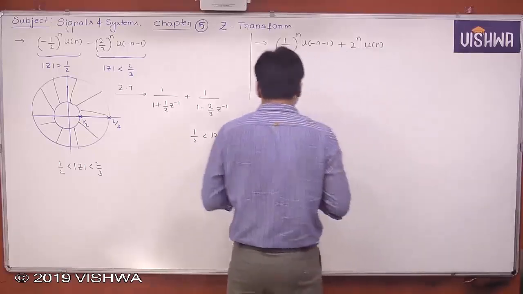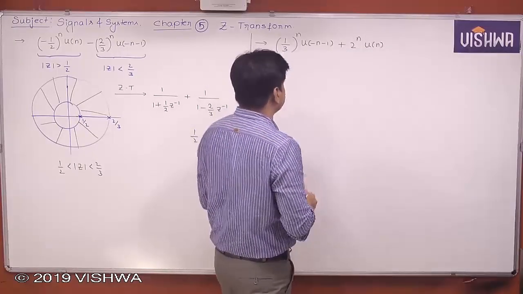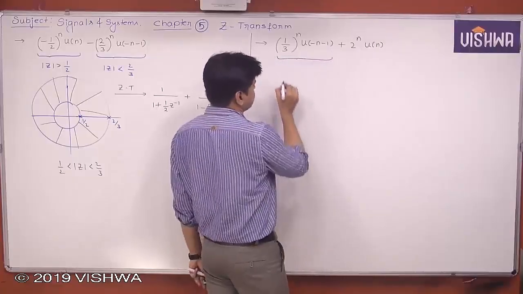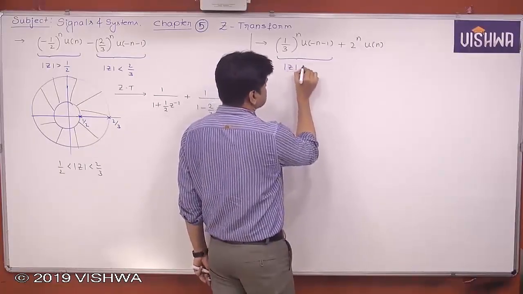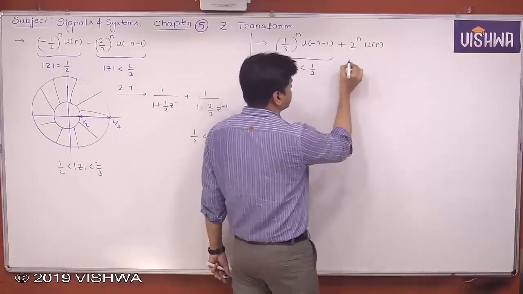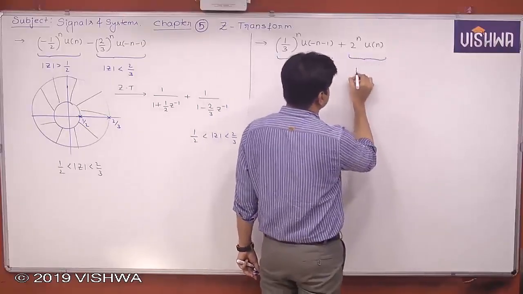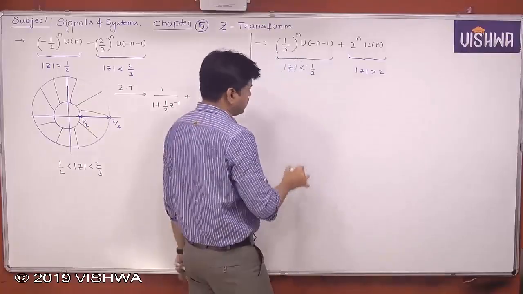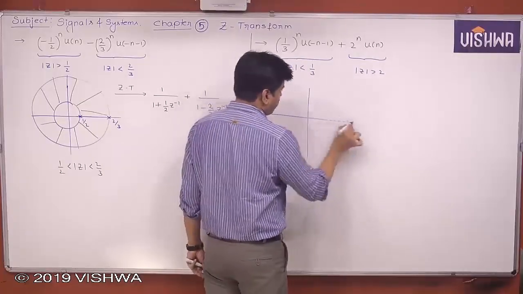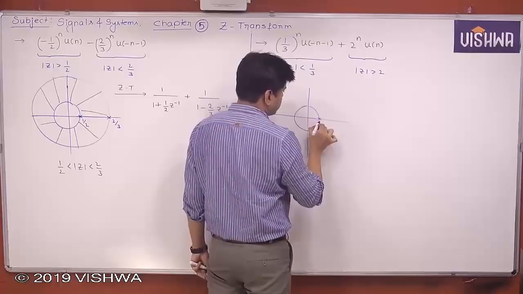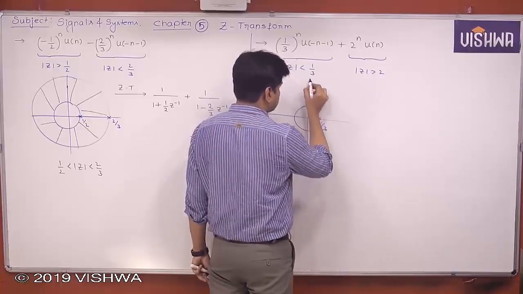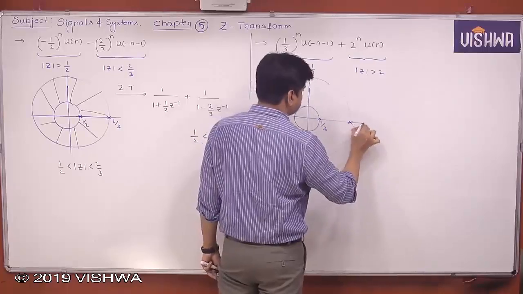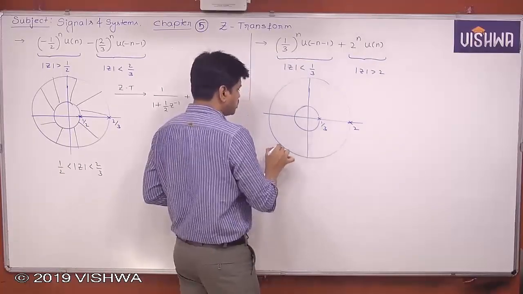So this is the signal. For this, because it is a left side signal, mod Z less than 1 by 3. It is a right side signal, pole is 2, mod Z greater than 2. If I take pole location 1 by 3 and pole location 2, the ROC is greater than 2.